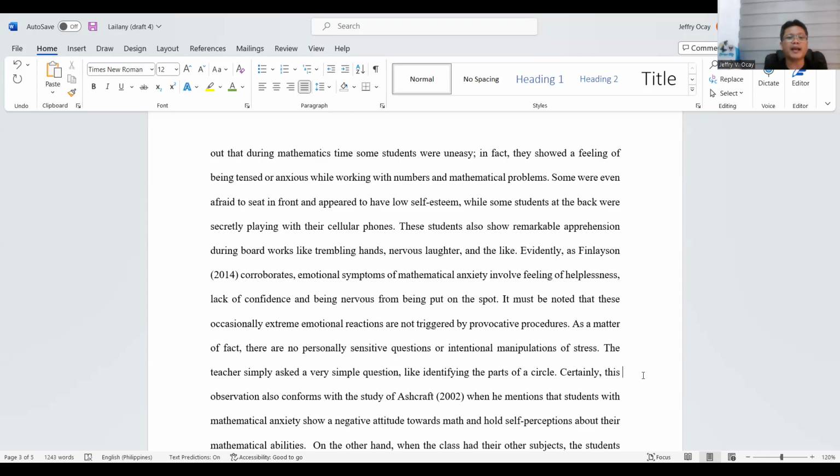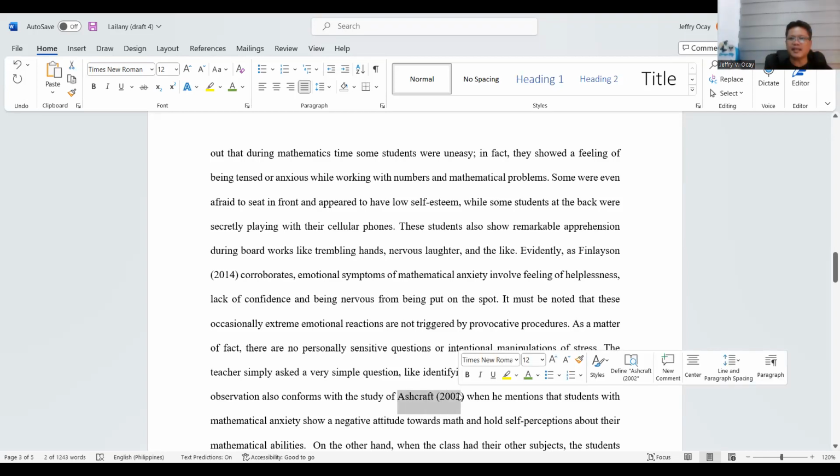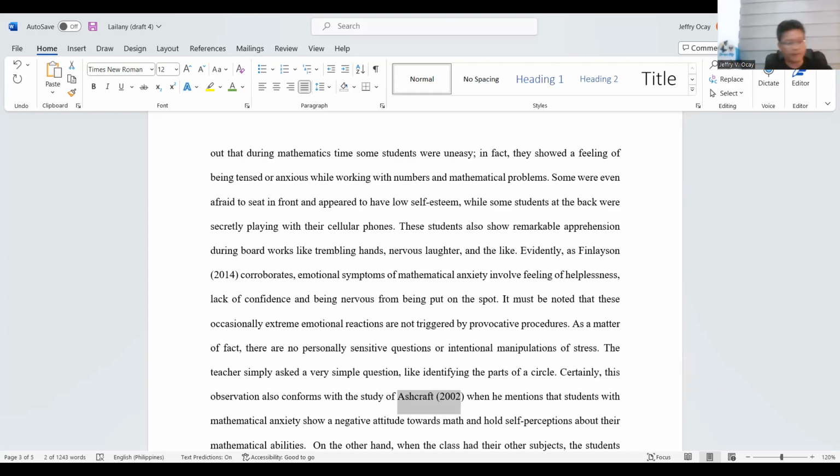The teacher simply asks a very simple question, like identifying the parts of the circle. Certainly, this observation also conforms with the study of Ashcraft. You see, we cite another famous scholar in the field to play safe, to show our readers or panel that what we're saying is reliable, factual, valid.